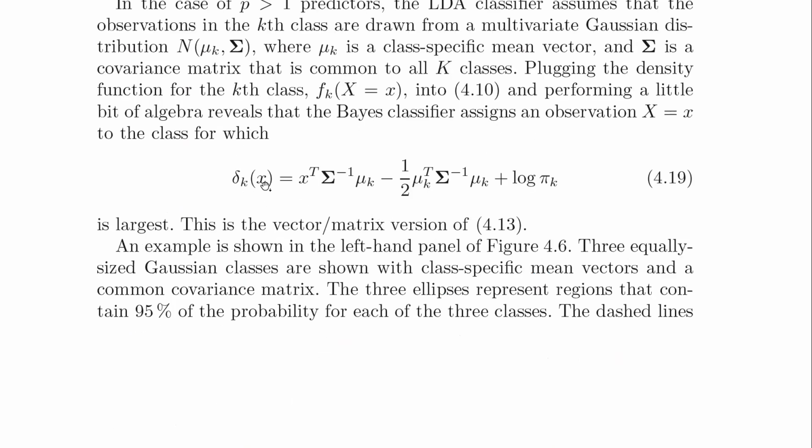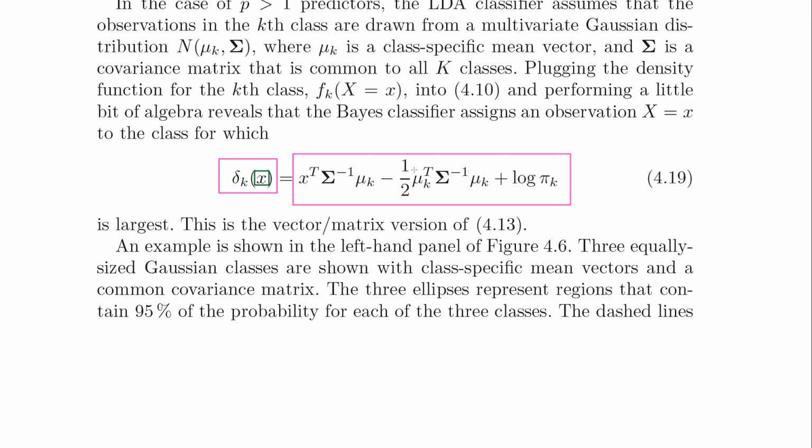And you get this. So for a specific observation of interest, you look at its x characteristics, all p of them, and you calculate this for those p characteristics.